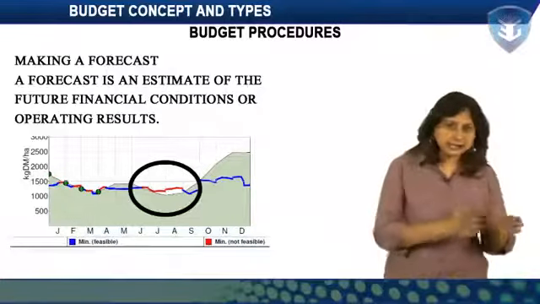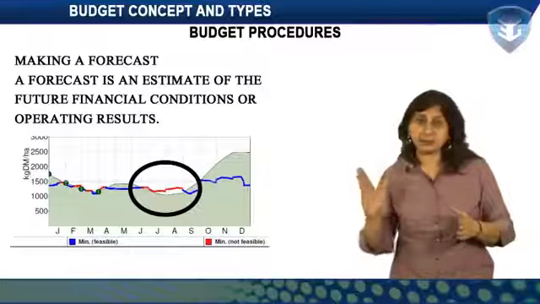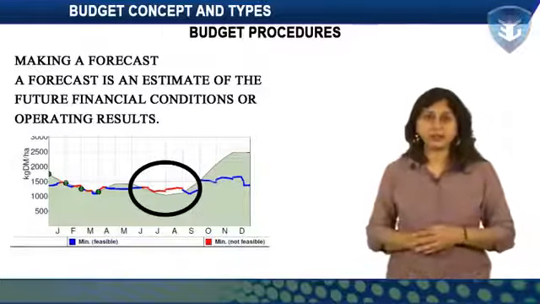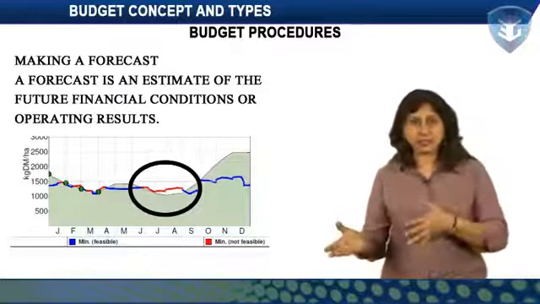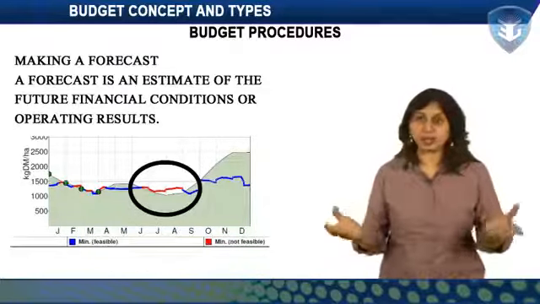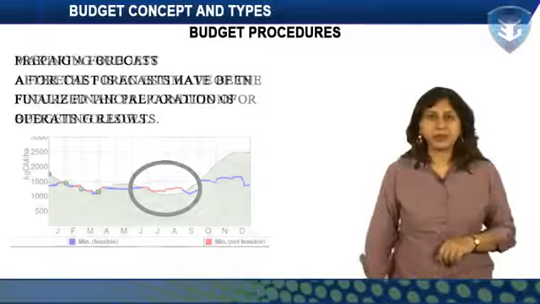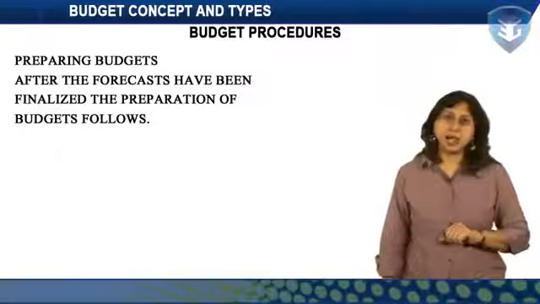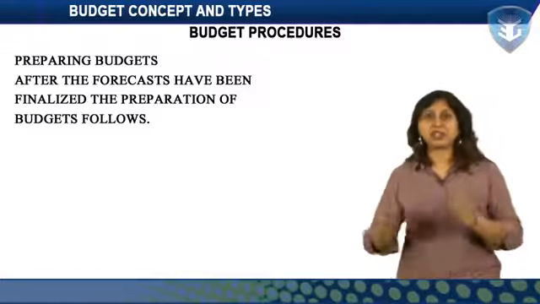An estimate differs from a budget in that the latter embodies an operating plan of an organization. A forecast may be prepared in financial or physical terms for sales, production cost, or other resources required for business. Preparing budgets. After the forecasts have been finalized, the preparation of budgets follows.